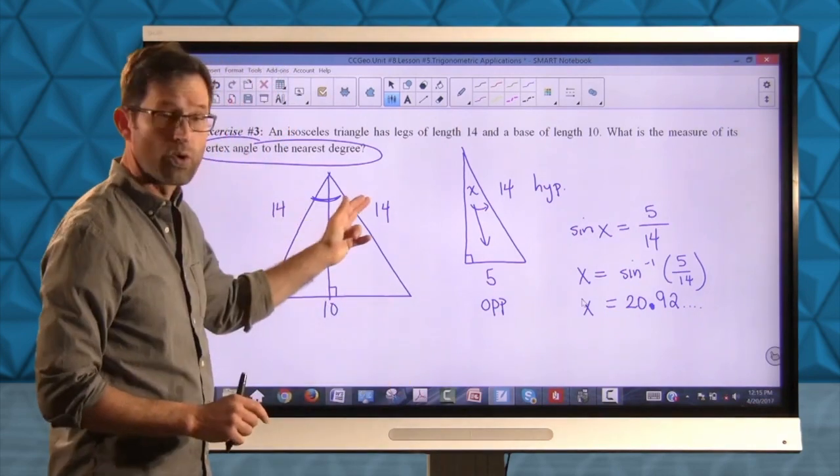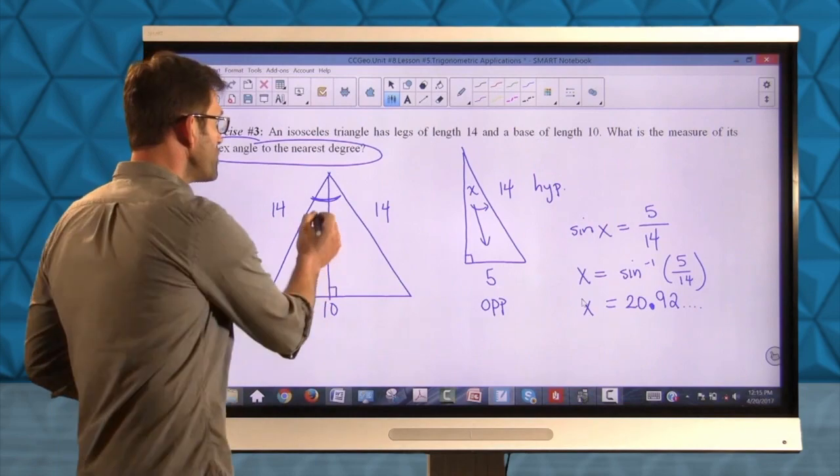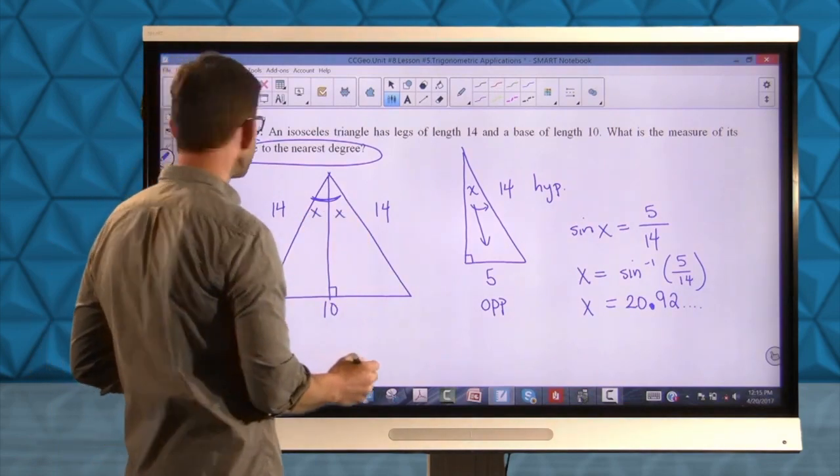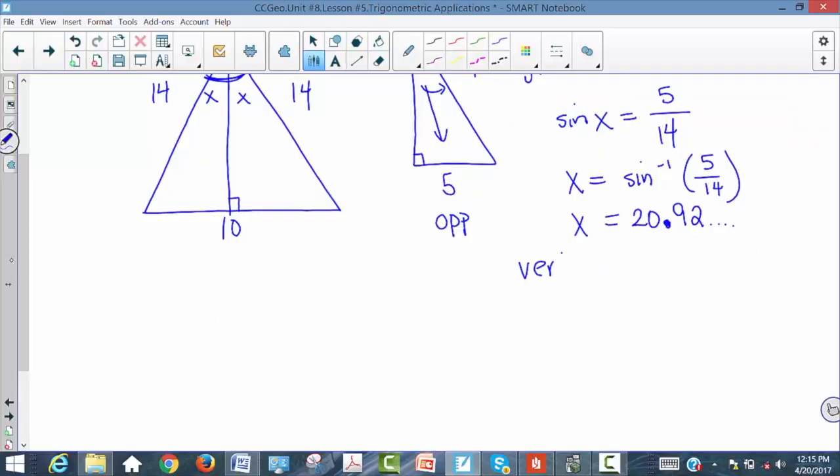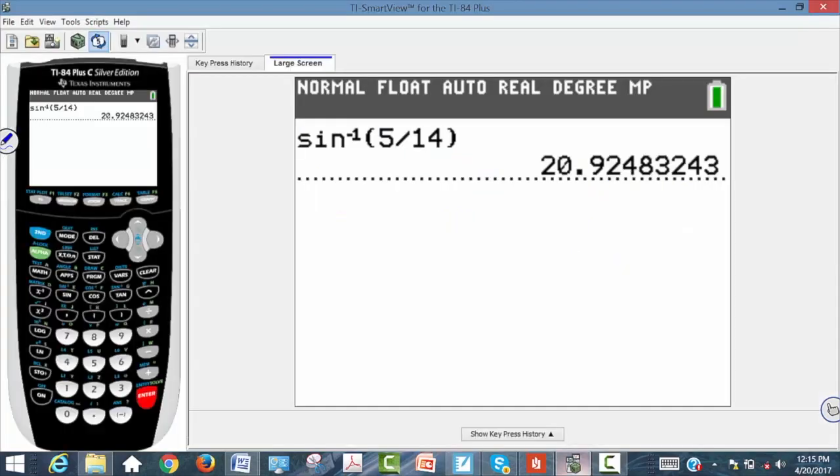I want this vertex angle up here, which is a combination of an x and an x. So let me come down here and say that my vertex angle is equal to 2x. And now I can go back over to my calculator. You probably all know this trick. I can just hit times 2. And that will take my previous answer, which was x, multiply it by 2.